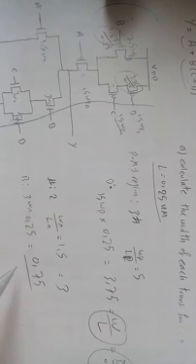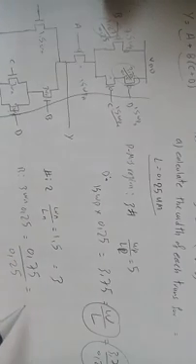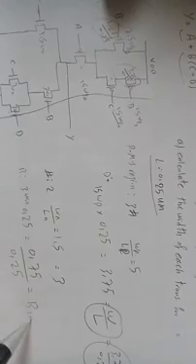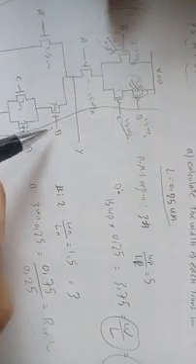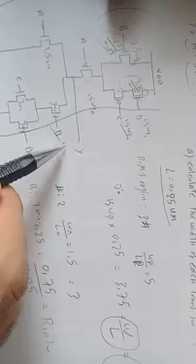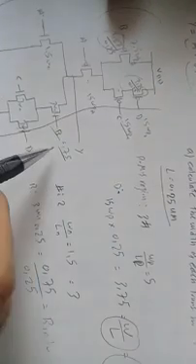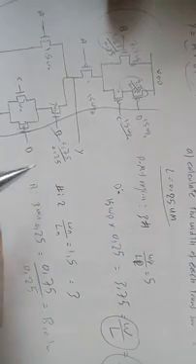Just multiply also by 0.25, it will give you the ratio of B. So B will be 0.75 over 0.25.